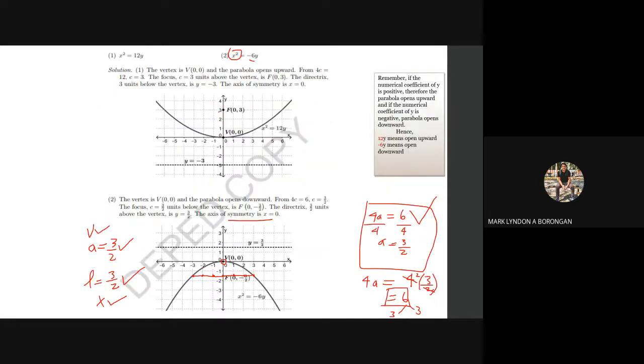Example 3. So what about a problem with a y equation? How do we do it? So we have there for example 3, determine the vertex, axis of symmetry, focal distance, focus, length and endpoints of the latus rectum, and graph the parabola.